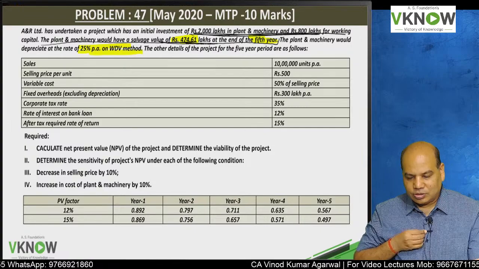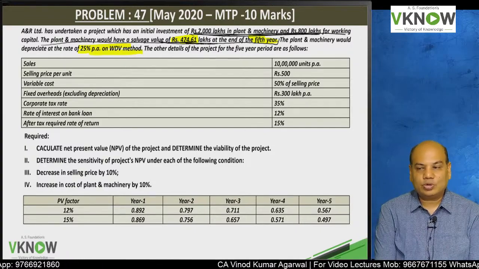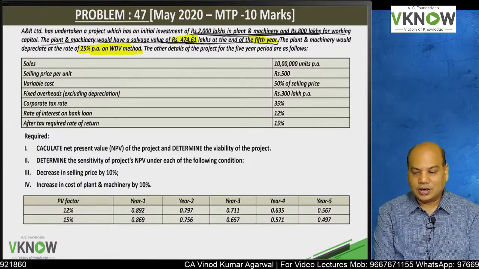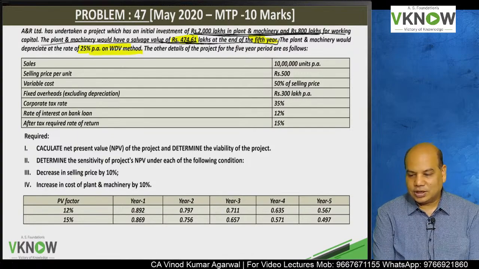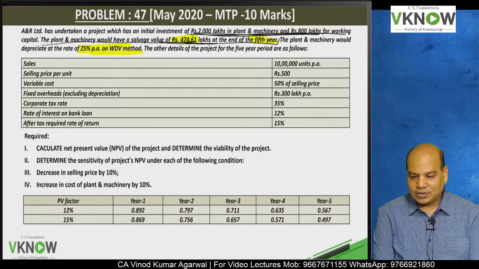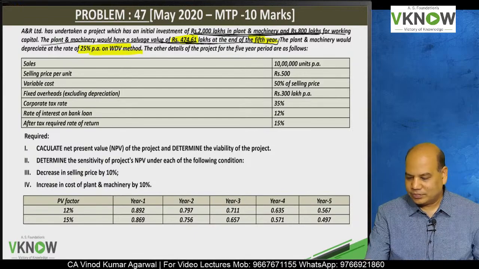So this time your life is a little more miserable because you have to apply the WDV method. The other details of the project are as follows. Sales quantity 10 lakh units. Selling price 500 rupees. Variable cost 50% of the selling price.